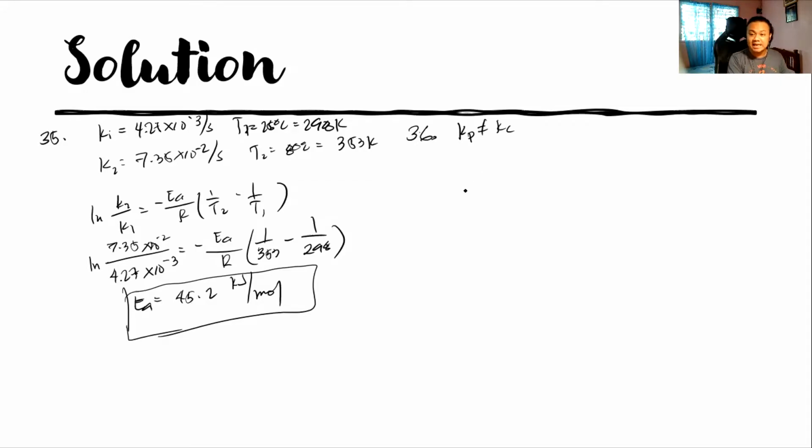So Kp is the specific rate constant in the gaseous reaction using partial pressures as the unit of concentration. But Kc is using mole per liter as the unit of concentration. So how do you switch between the two? Okay, so you can use actually this formula.